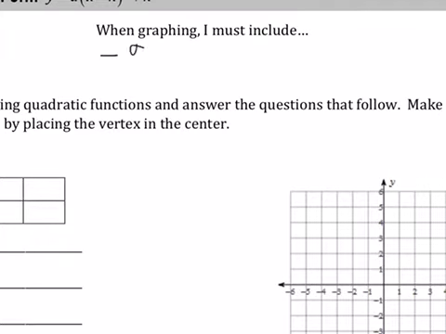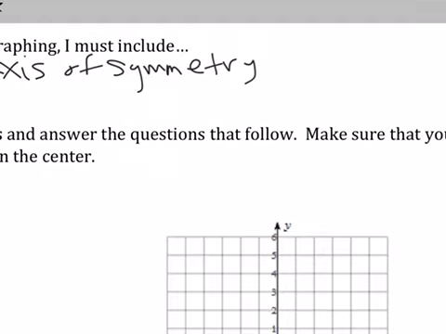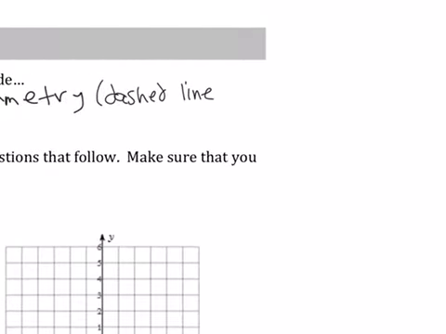We need to see the axis of symmetry. All these notes videos, I'm still not entirely sure how to spell symmetry every time. Gotta reference it. Okay, that's going to be our dashed line through the vertex.